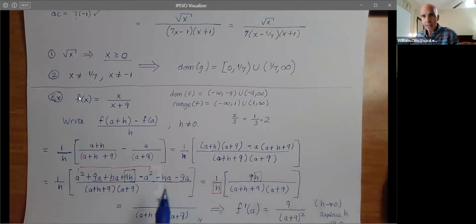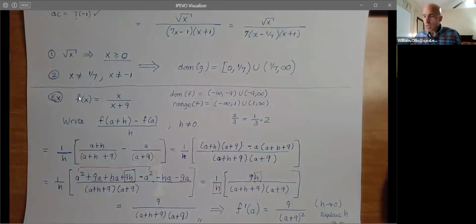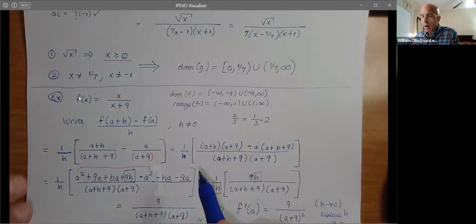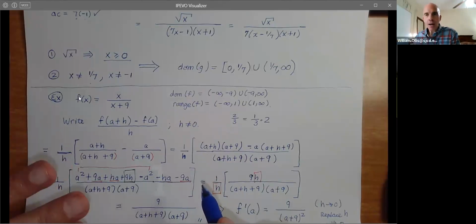So what we're seeing here is that the types of computation we do with letters, we do with numbers. So there is no difference. So what I want you to do for this week is practice the word problems with the symbolic computation.